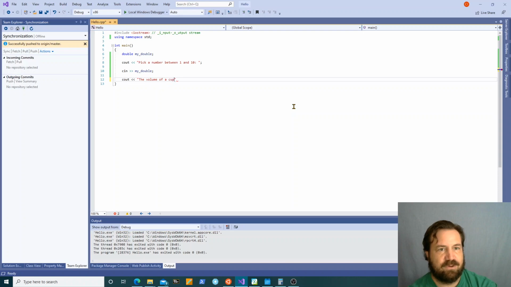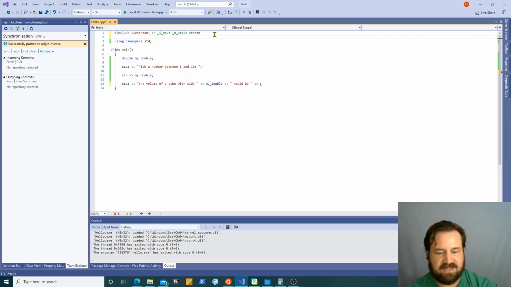Volume of a cube with side my double would be my double cubed, right? Unfortunately, there is no power operator in C++. Some languages have that, C++ does not.